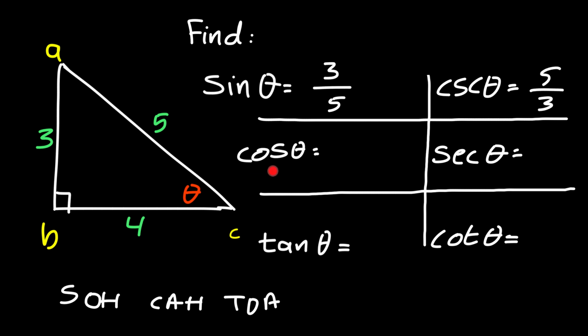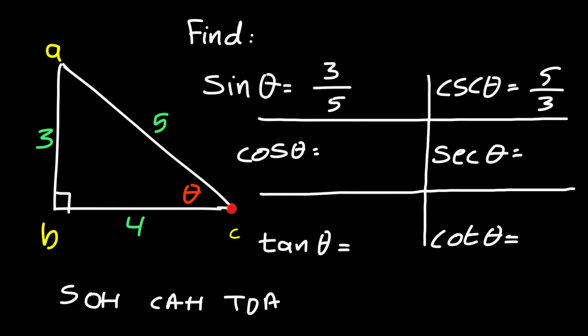Let us jump to cosine theta. Cosine theta equals the adjacent divided by the hypotenuse. Again, I will imagine myself standing here. The side which is adjacent to me is 4, because the hypotenuse is always in the same position, always opposite to the 90-degree angle.